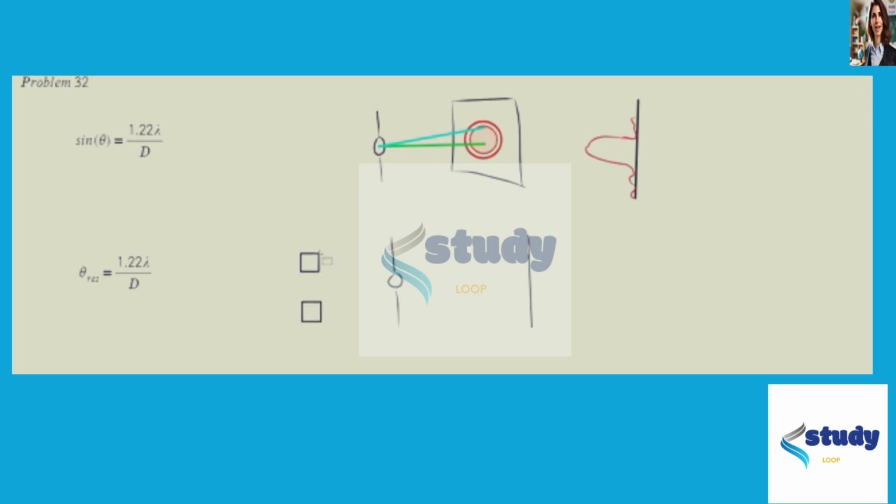So light coming from object 1, we already know the type of image it's going to form here on the screen. It's going to be some blob like this. So let's go ahead and draw some light rays here.